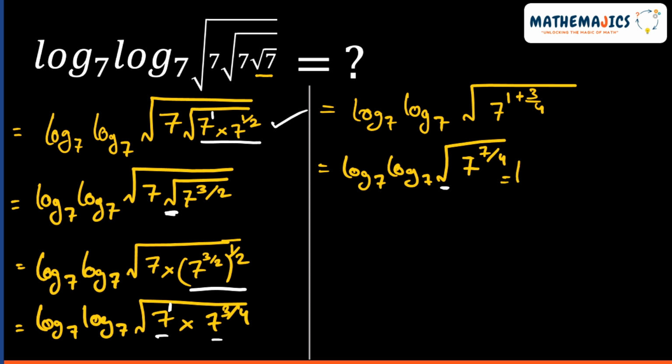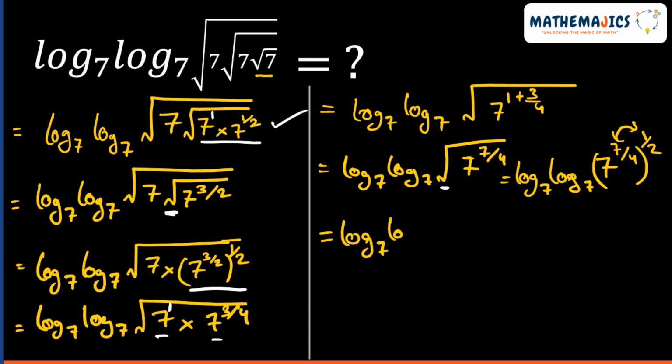We will get log base 7 log base 7 of 7 raised to power 7 by 4 times 1 by 2. Correct? Now these powers will be multiplied. Yes? So let's do it. Log 7 log 7, we will get 7 raised to power 7 by 8.